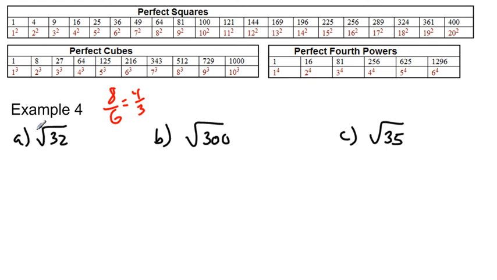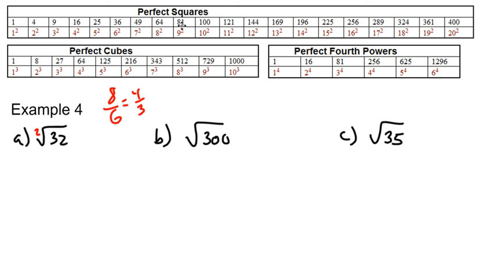Notice that the index right here is a 2. Since this has a radical 2, we're going to be looking at our perfect squares. What we're looking for is the biggest perfect square number, like 4, 9, 16, 25, 36.